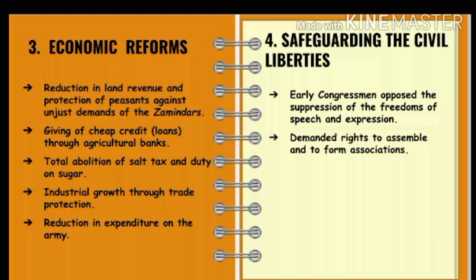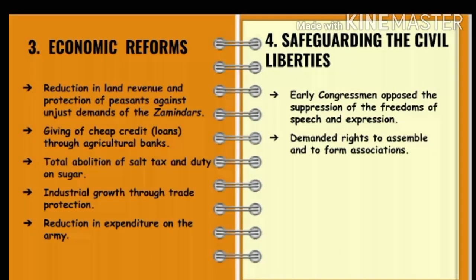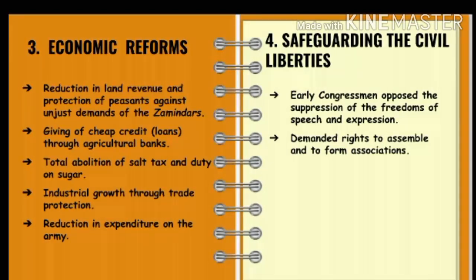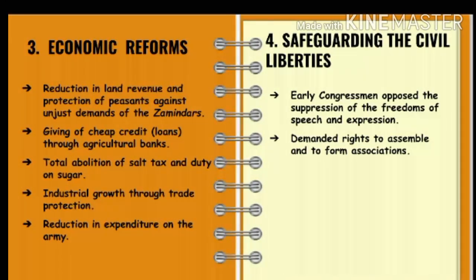Now, children, under the objectives and demands of the early nationalists, if the question is asked to write the objectives or the demands of the early nationalists, randomly the points can be written from the four headings. But if the question is asked to write the constitutional reforms, then only from constitutional reforms.